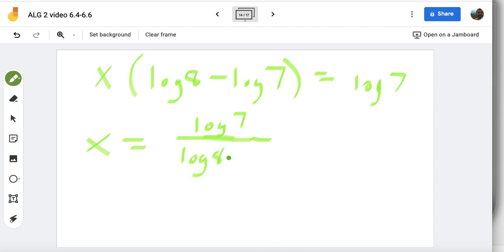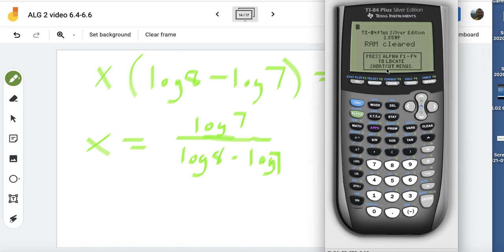So we're going to throw that into the calculator. Log 7 divided by, oh, that's not what I want to do. I got to end the parentheses. If you get things wrong often with these, it's the way you type it in. People say, oh, that's what my calculator got. Yeah, because you typed it in wrong.